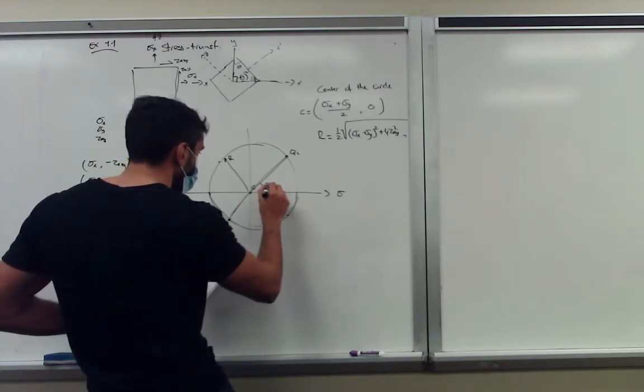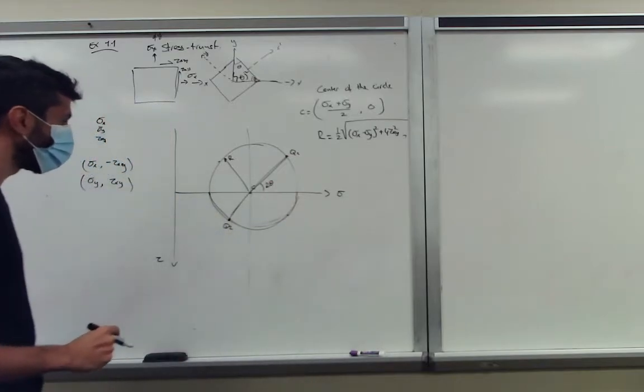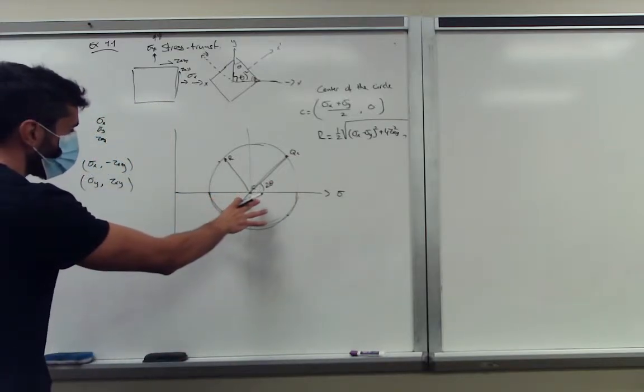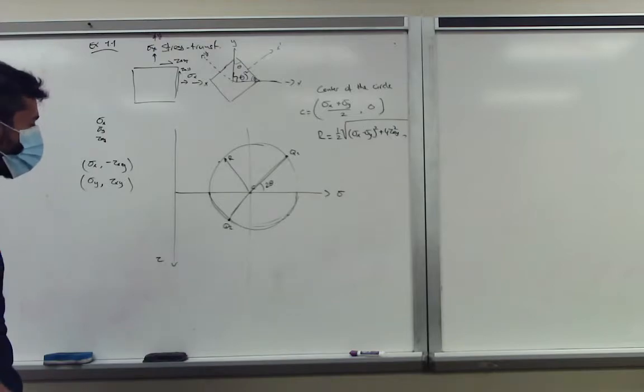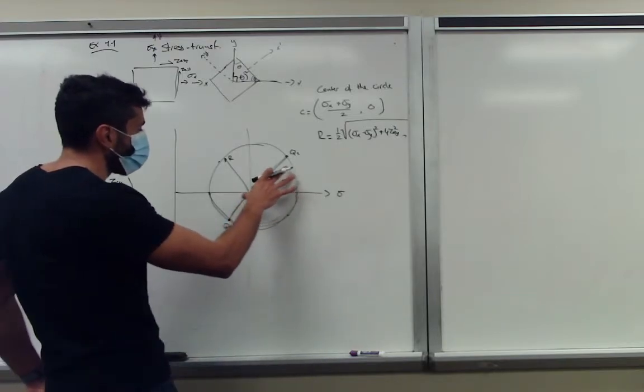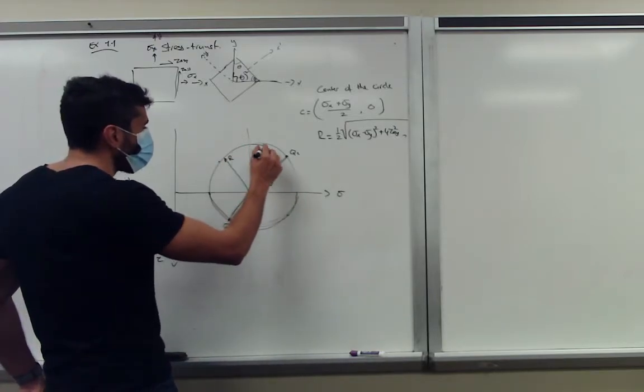Then this angle is defined as 2 theta. So once you have a theta, you can rotate visually to come up with a different point.